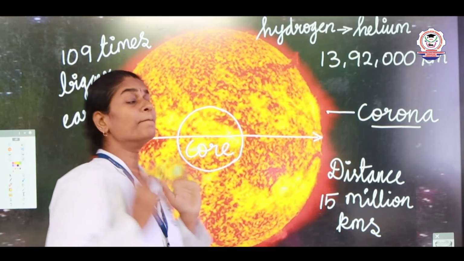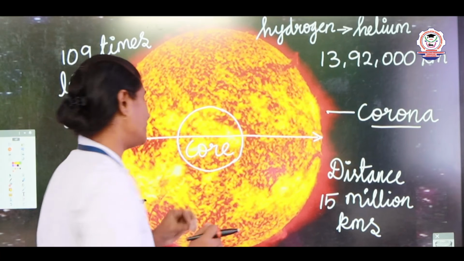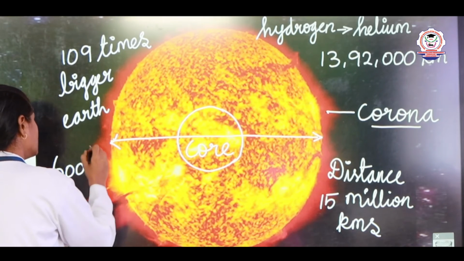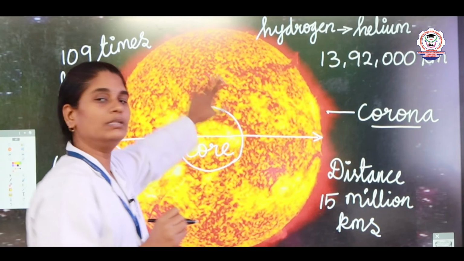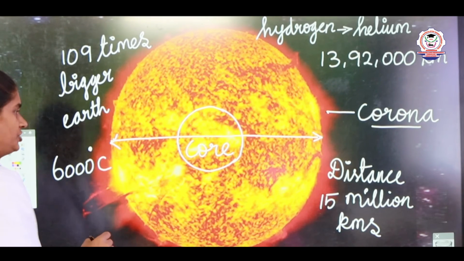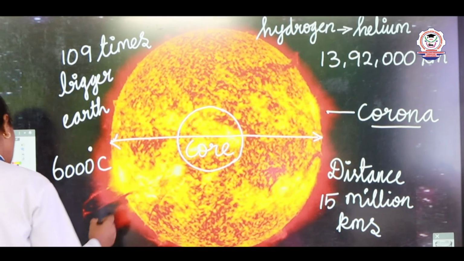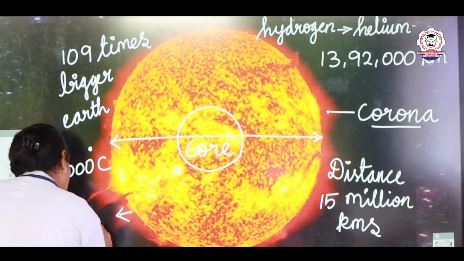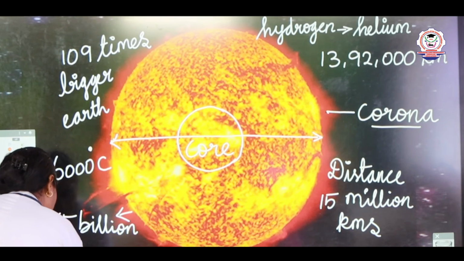Now let us see the temperature of the sun. The surface of the sun has a temperature of nearly 6000 degrees Celsius, but the center of the sun has 15 billion degrees Celsius.